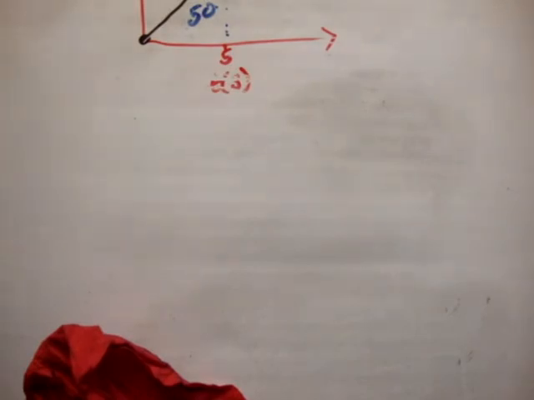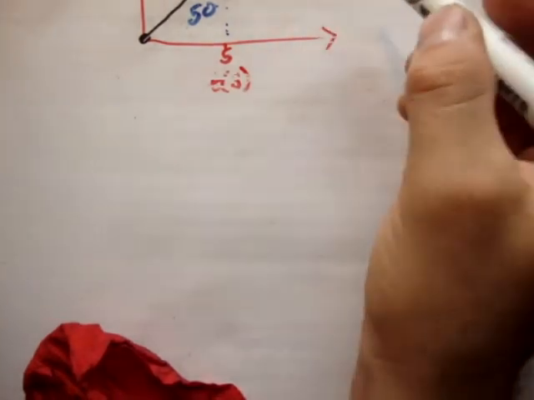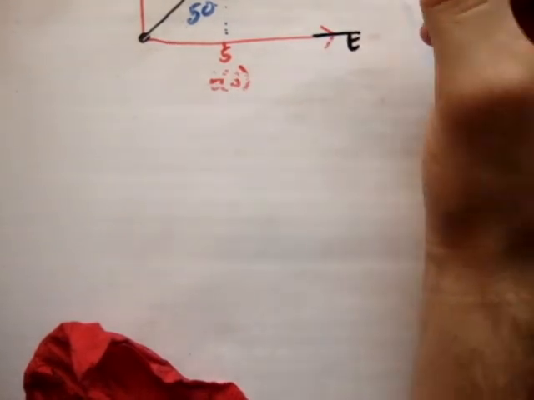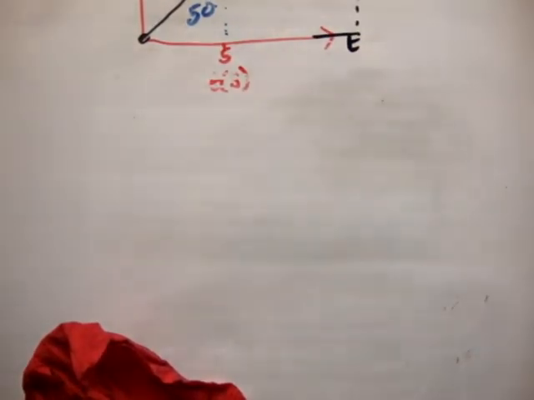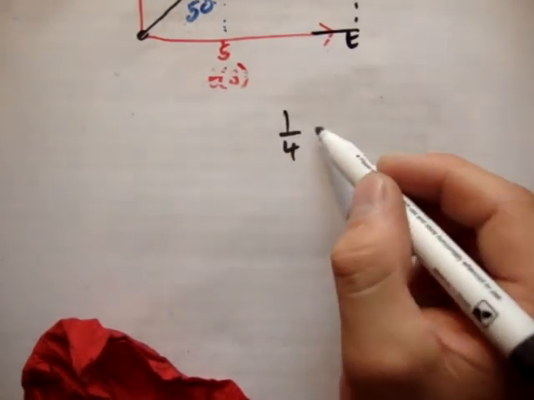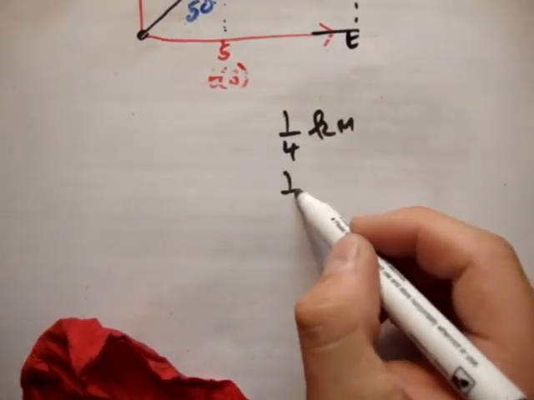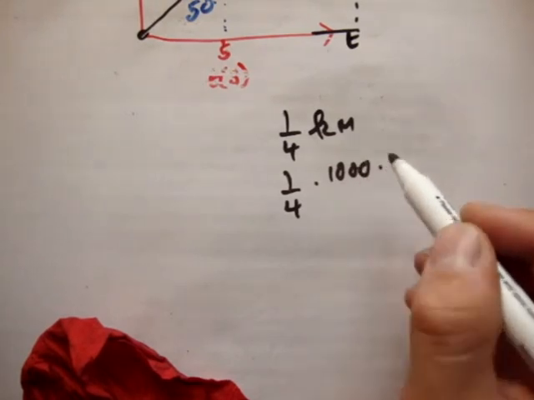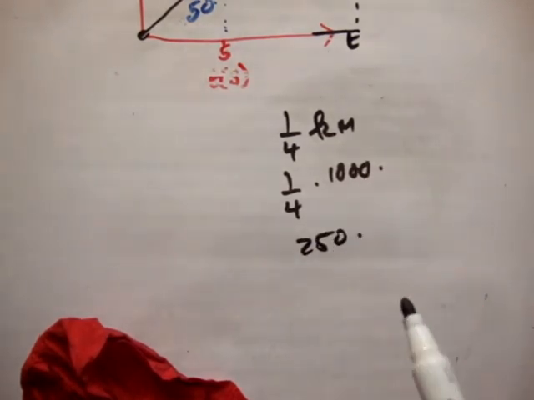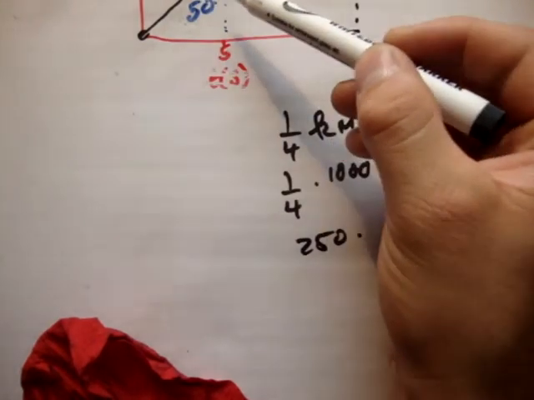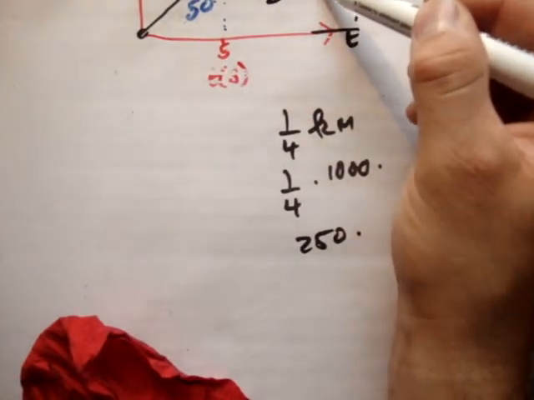We're told that it continues at this speed up to a certain time, and after that the total distance covered is 1/4 of a kilometer, which is 1/4 of 1,000 meters, which is 250 meters. So the total distance covered is 250. We know this here is 50, that means this is 200 meters.